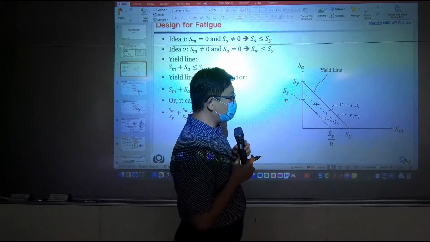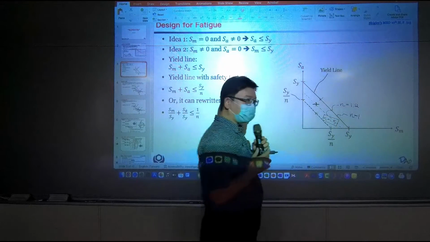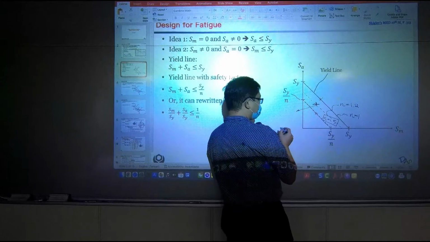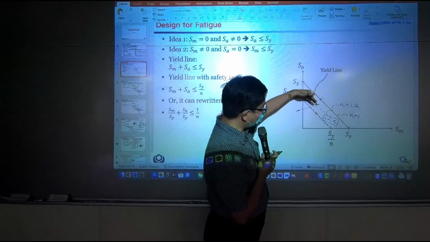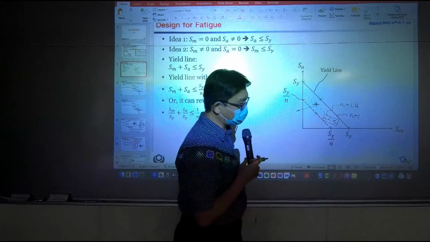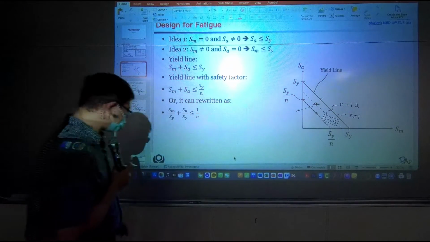So if you wish to have a design with a greater safety level, then this one is not good enough because it's not inside the range of this safety boundary. Okay?